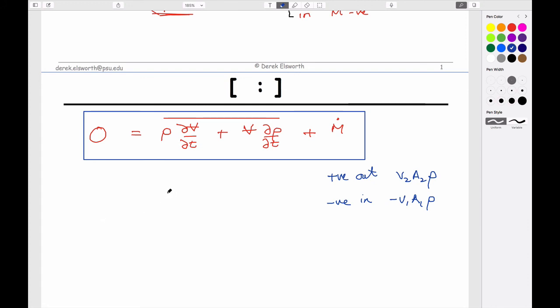And in this case, if volume is increasing, that is positive. And if density is increasing, that is also positive. So that's the sign convention you have to remember. If density is changing with time, that's a positive rate of change. If volume is changing with time, that's a positive rate of change.